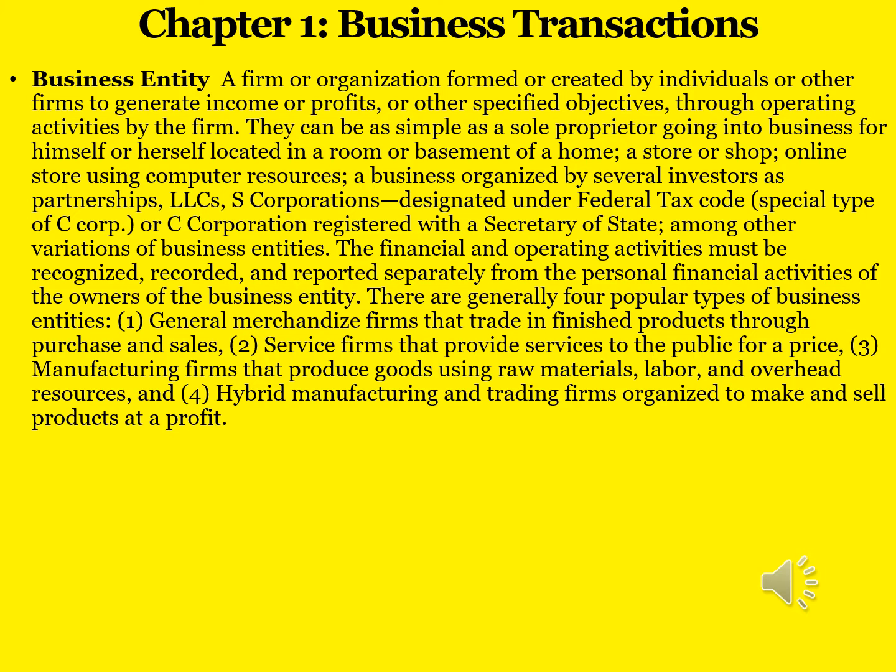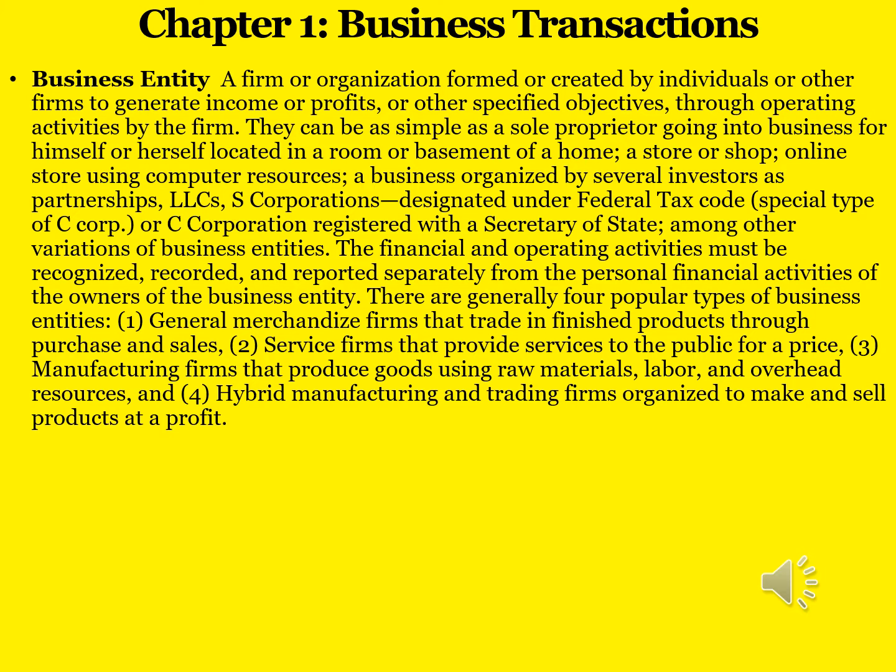The financial and operating activities must be recognized, recorded, and reported separately from the personal financial activities of the owners of the business. Four popular types of business entities are: 1. General merchandise firms that trade in finished products through purchase and sale, such as retailers and general wholesalers. 2.